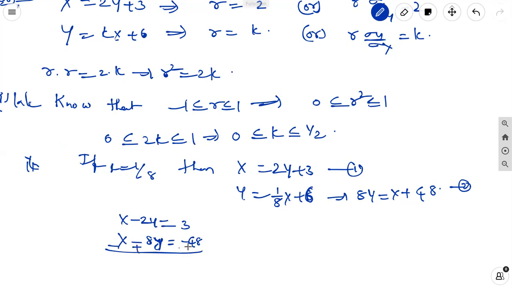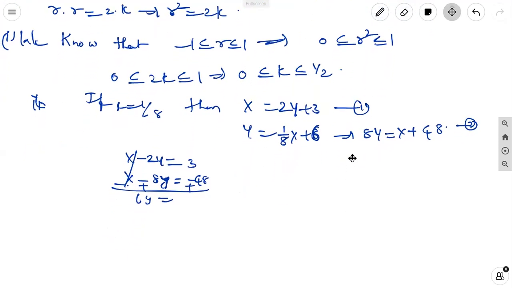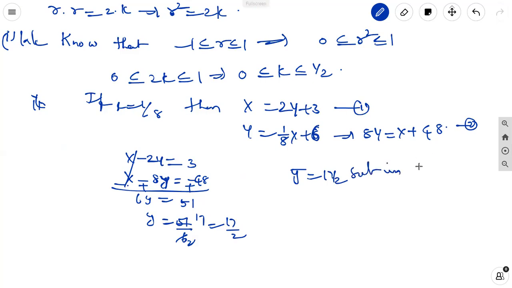Subtracting one from the other, the signs change and x cancels. From this, 6y = 51, so y = 51/6 = 17/2. So ȳ = 17/2. Substituting in equation 1, x = 2 × 17/2 + 3. The 2s cancel, so x = 17 + 3 = 20.